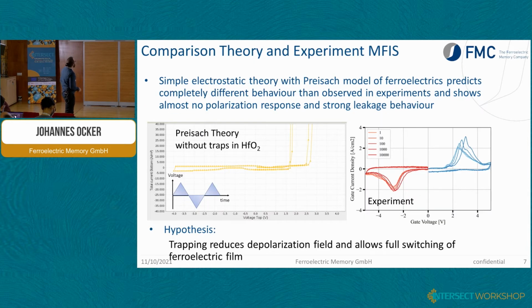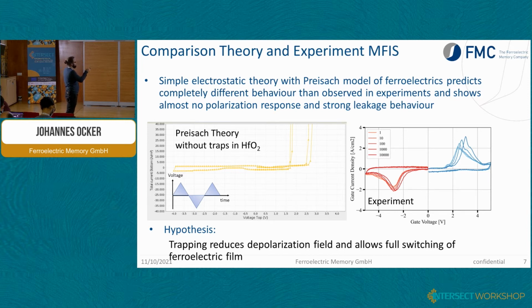All right, so let's compare this with the theory and the experiment. This is the theoretical curve we get out of Ginestra without any traps. So you can see there's basically no peaks, so we would expect some polarization peaks here and some polarization peak here. But in the theory, there's actually nothing there because of this depolarization field.